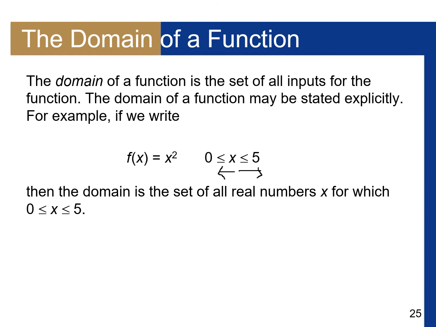Then the domain is a set of all real numbers x for which x is greater than or equal to 0 and x is less than or equal to 5. Now, this doesn't mean that this is the entire domain. This is saying that we are telling you that we are only going to use 0 to 5.